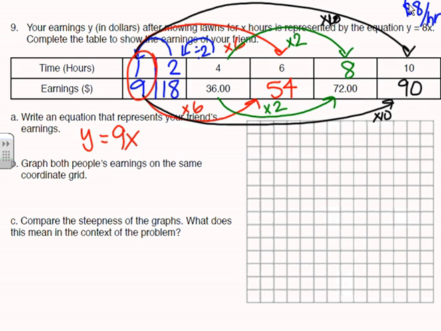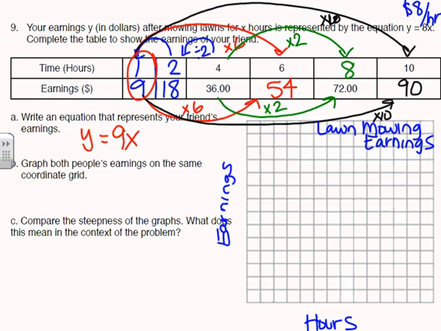So let's say lawn mowing earnings. The x-axis is hours, the y-axis is earnings, and we want to count up to 10 on the x-axis.